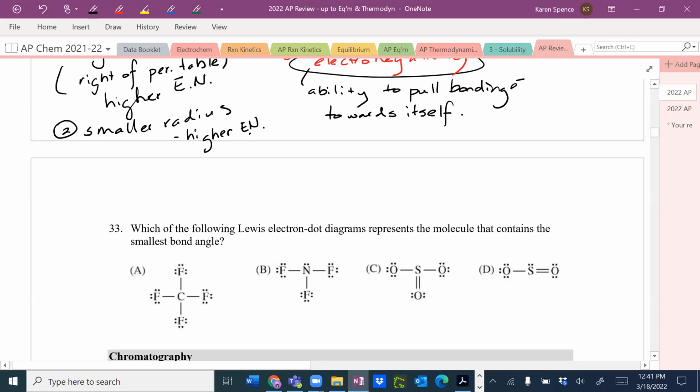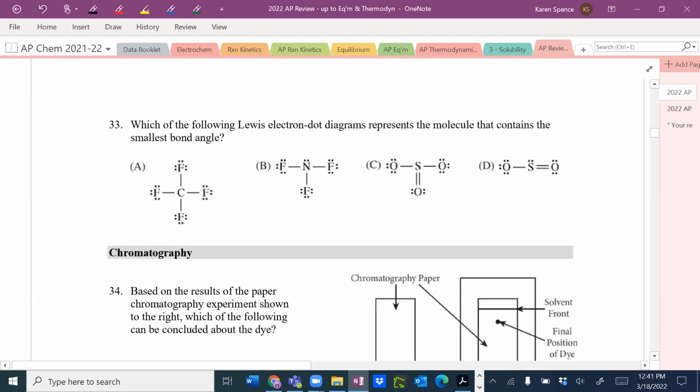33. Smallest bond angle. Once again, electron domains. Carbon has 4, and they're all bonding domains. There's no lone pairs. So what's the electron domain geometry? Tell yourself.